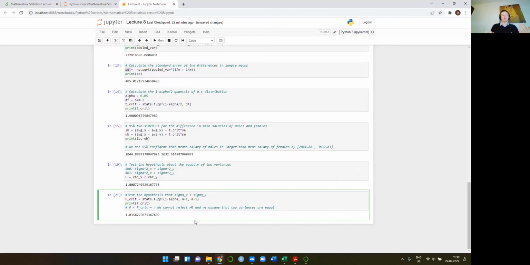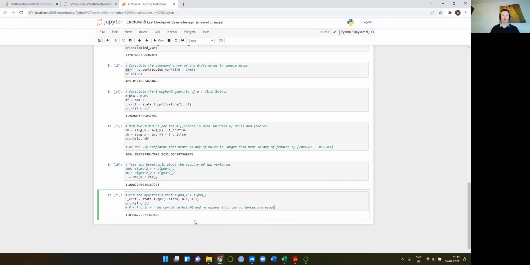So that's how we can claim that our previous test was correct, because we have tested the equality of sigmas. We cannot reject this hypothesis that sigmas are equal.